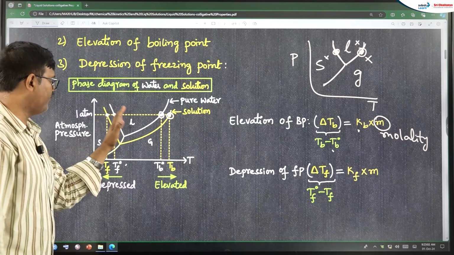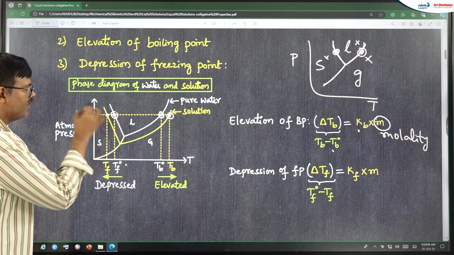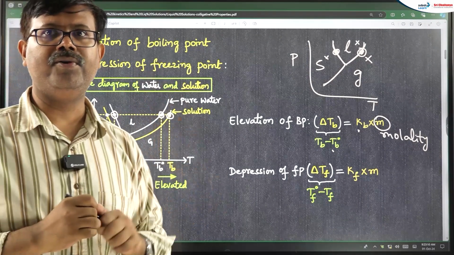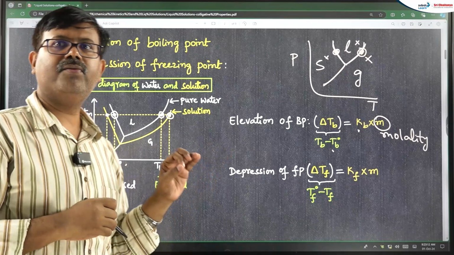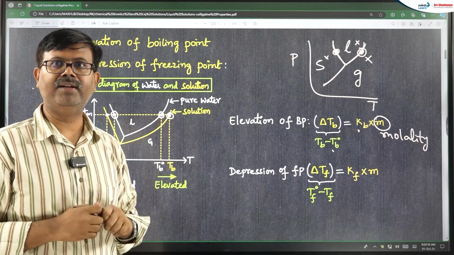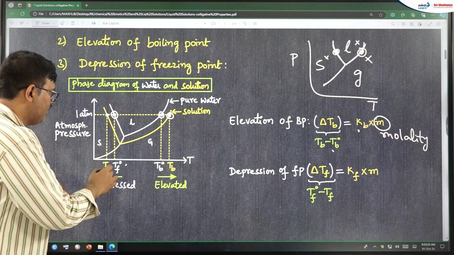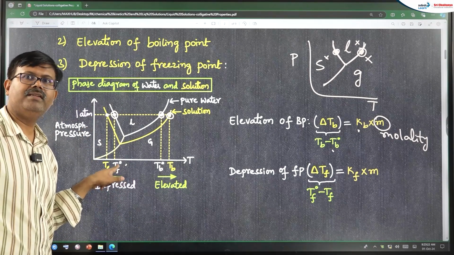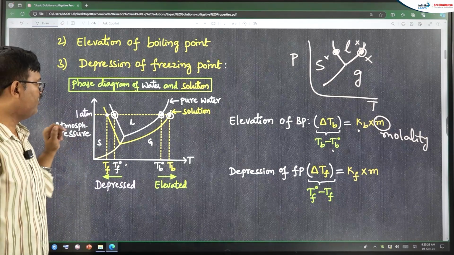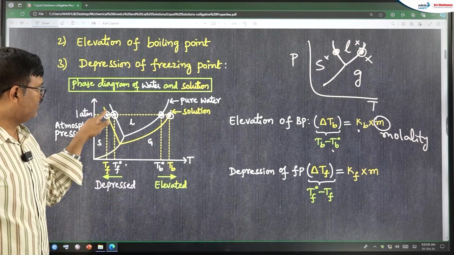Similarly, if you see the left side, this point is the boundary. I am taking the point on the white line boundary here. This point denotes the freezing or melting related point. So the pure water related temperature is Tf naught, which is the freezing point of pure water. In case of solution, go to the yellow line.